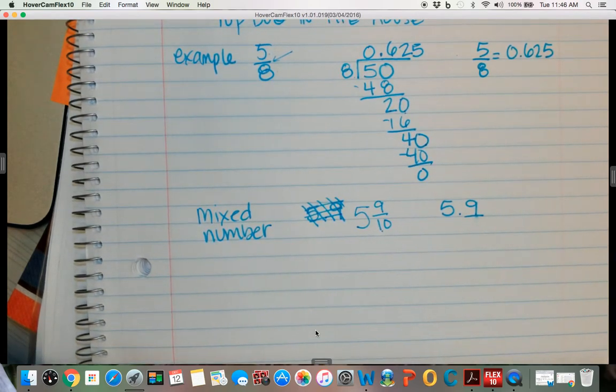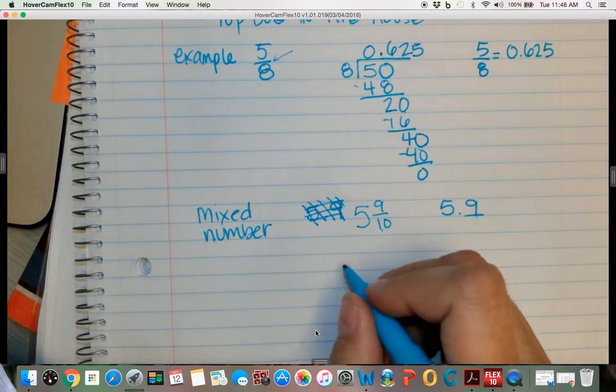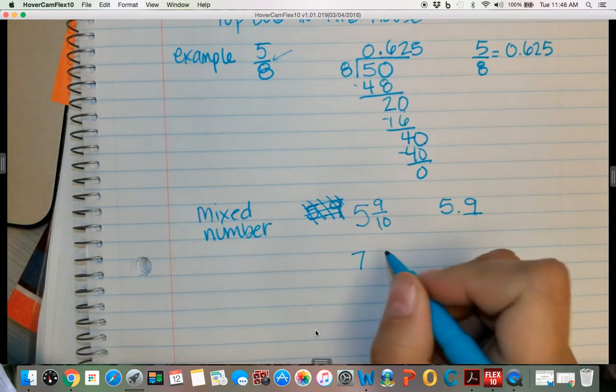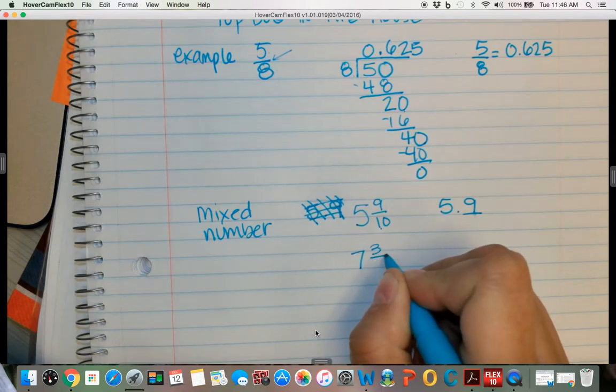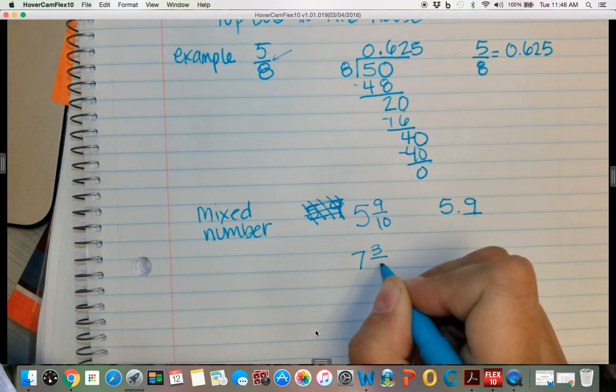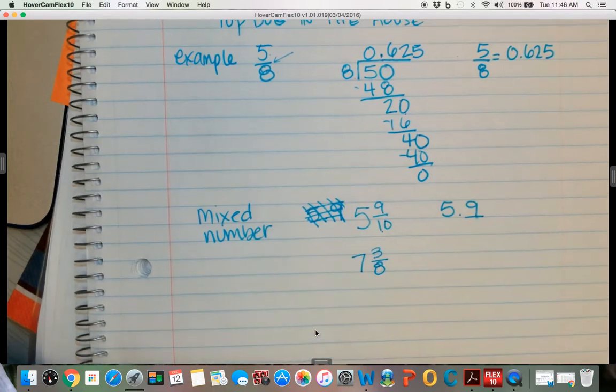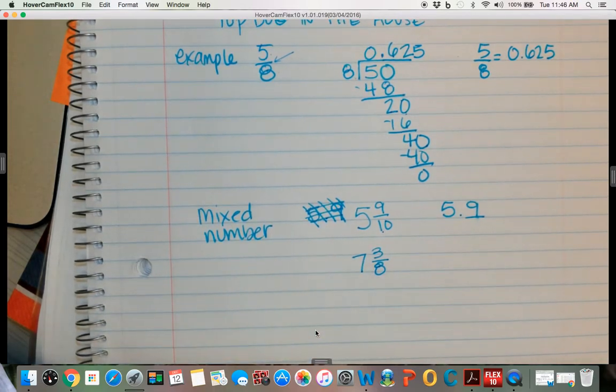Let's try one that doesn't have an easy way to get to 10. So let's do 7 and 3/8. I like to work with 8s because they don't easily go into 100. It's more work for us.